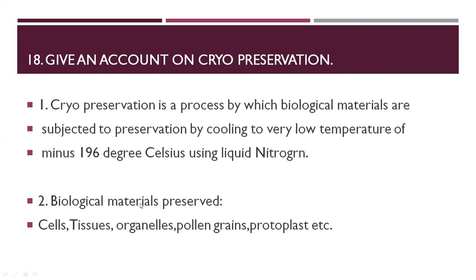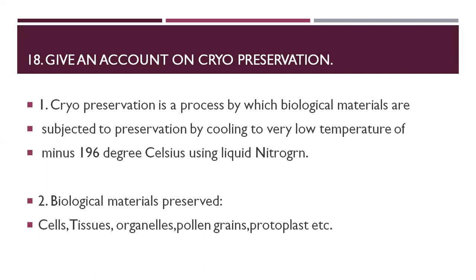The biological materials to be preserved are either cells or tissues or organelles or pollen grains or protoplast or plant parts. In animals, the spermatozoa, the egg, the stem cells, the zygote.